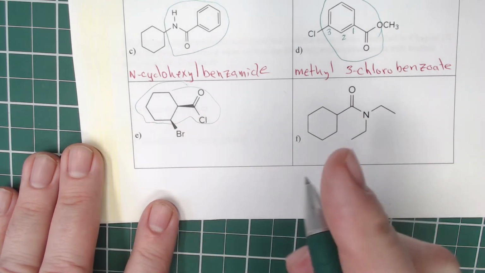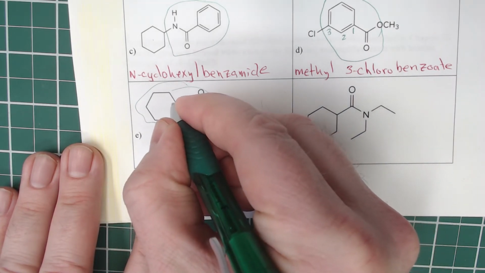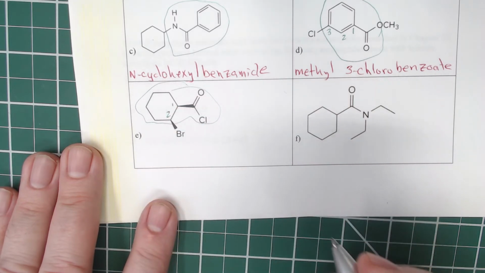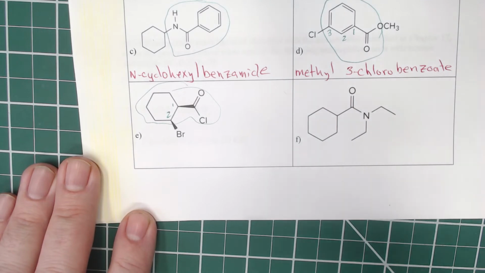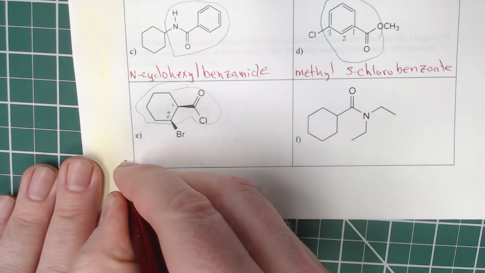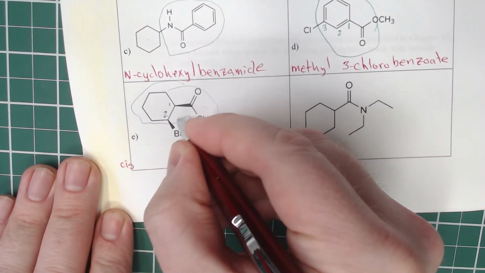So cyclohexane carbonyl chloride is going to be at position 1, and our bromo is going to be at position 2. Now, when we're naming this, we're going to put a cis out front because of the stereochemistry.